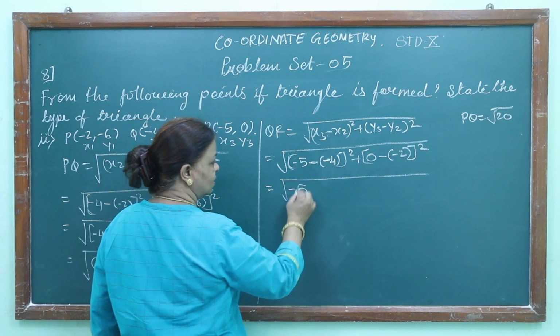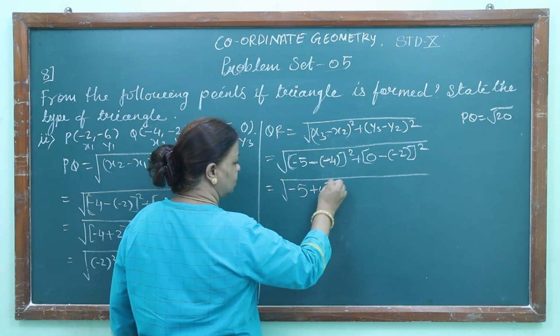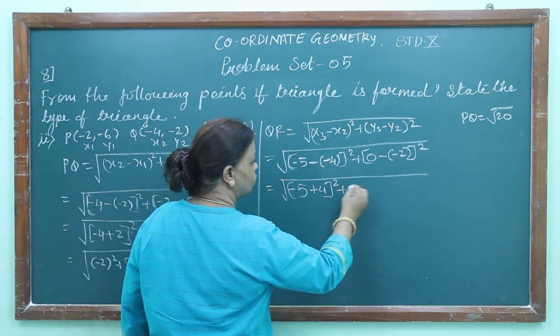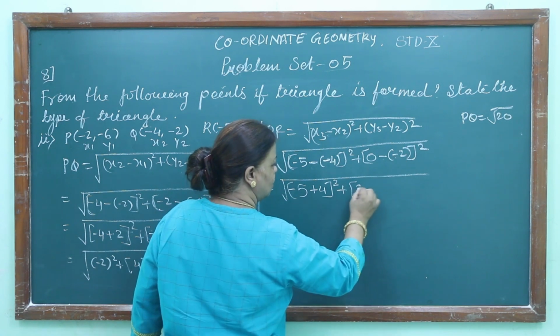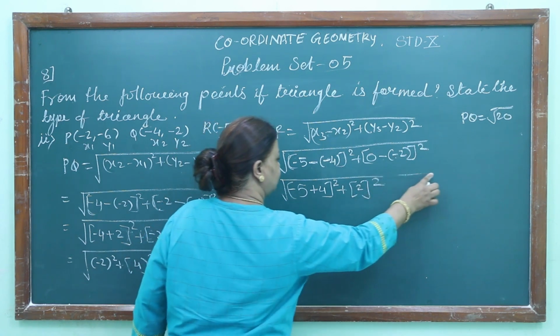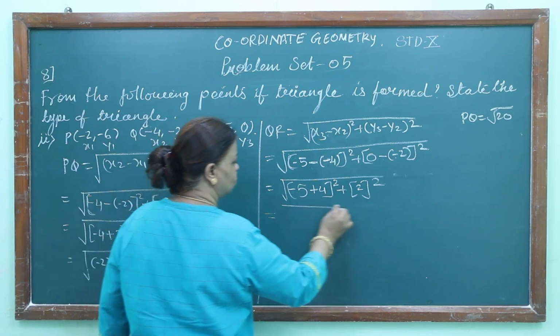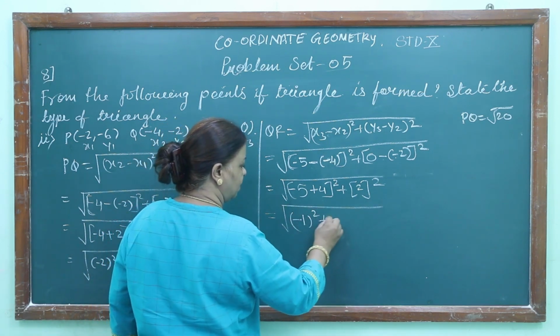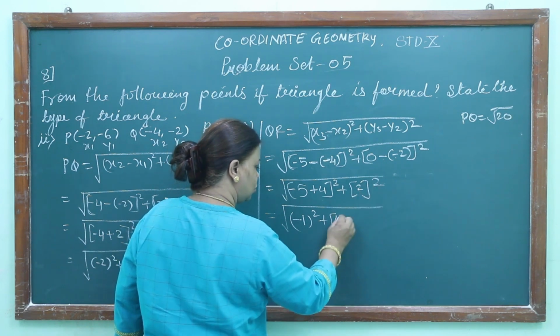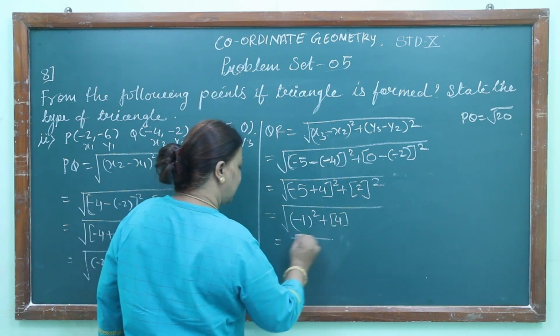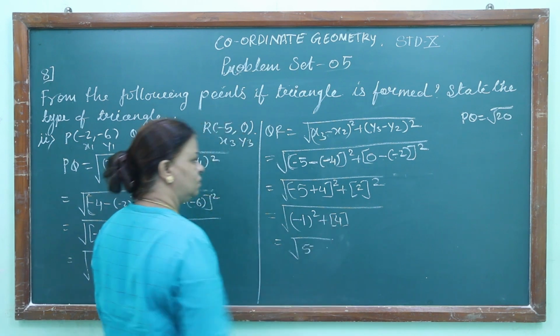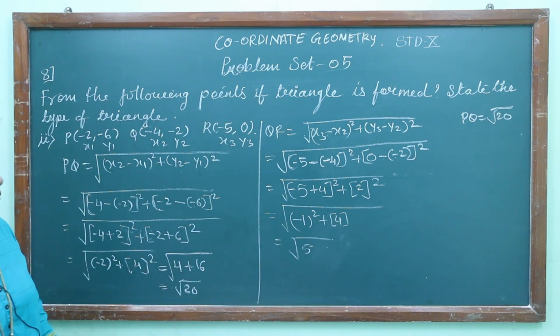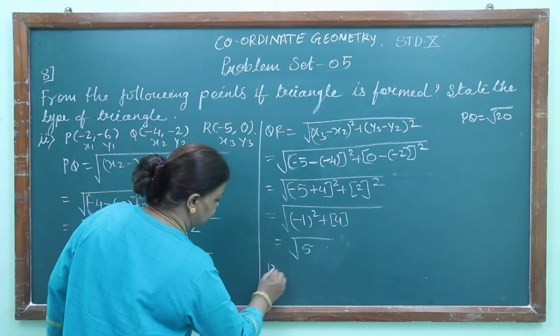So minus 5 minus minus plus 4, the whole square, plus 0 minus minus plus 2, the whole square, which will give you minus 1 the whole square plus 2 the whole square will be 5, that would be under root 5. QR.